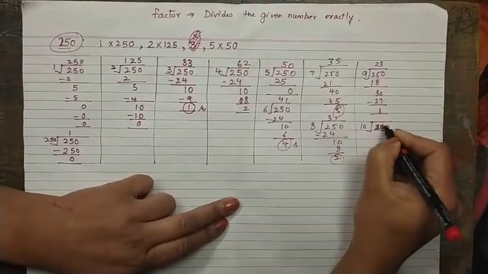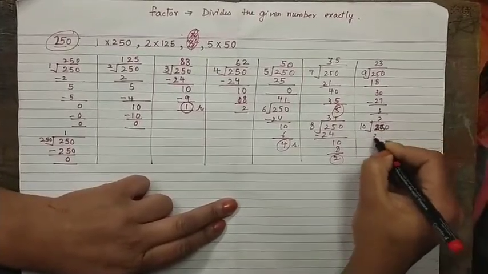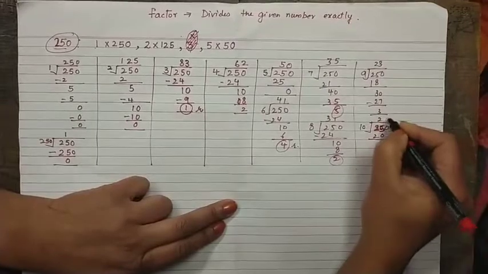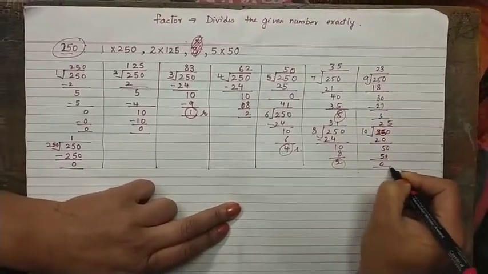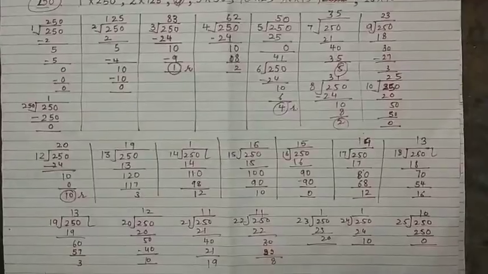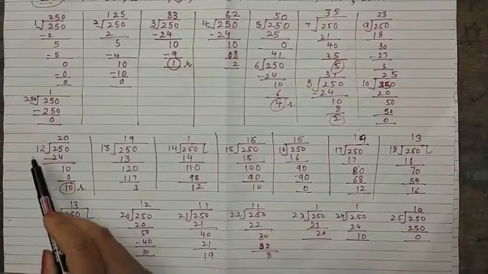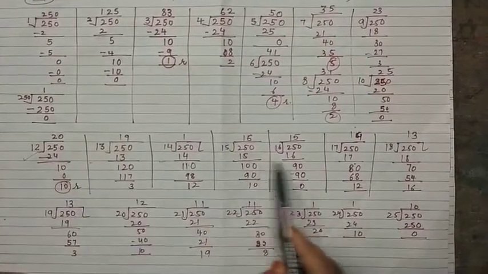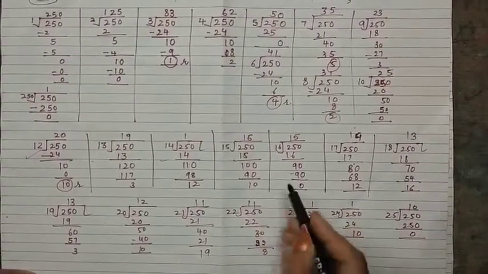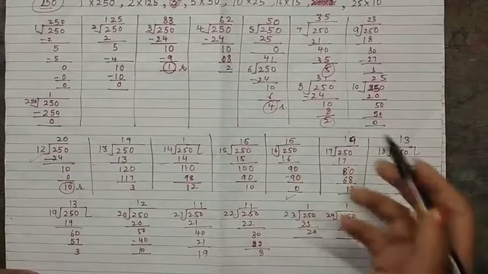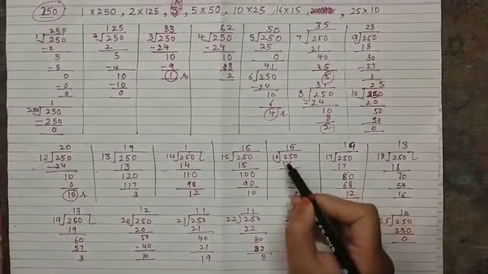Sorry, this is 250. So 10 2s are 20 and 10 5s are 50. Now similarly we'll check with number 12, 13, 14, 15, 16, 17 likewise, and wherever we get the remainder 0, those are the numbers which are dividing, which are the factors of 250.